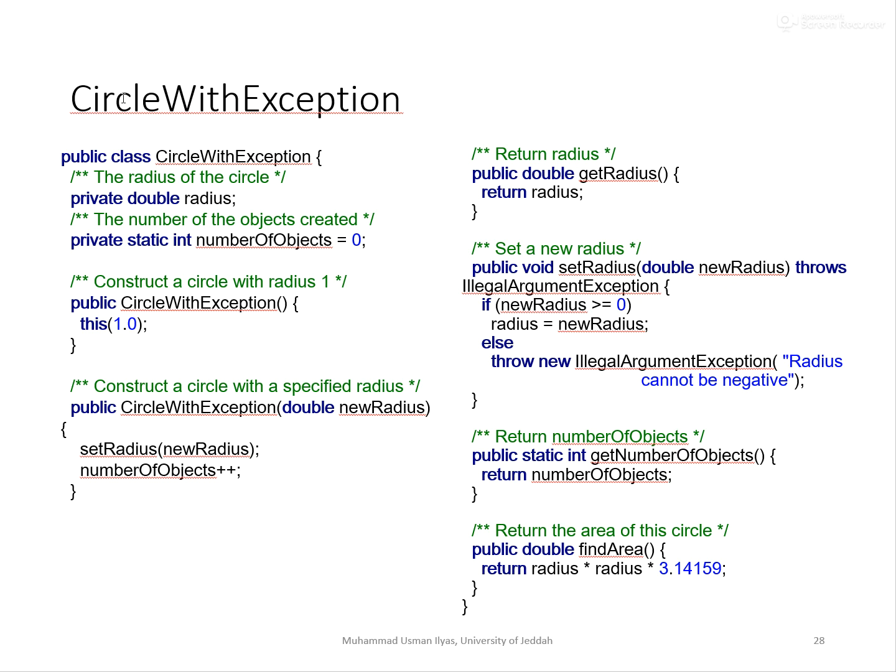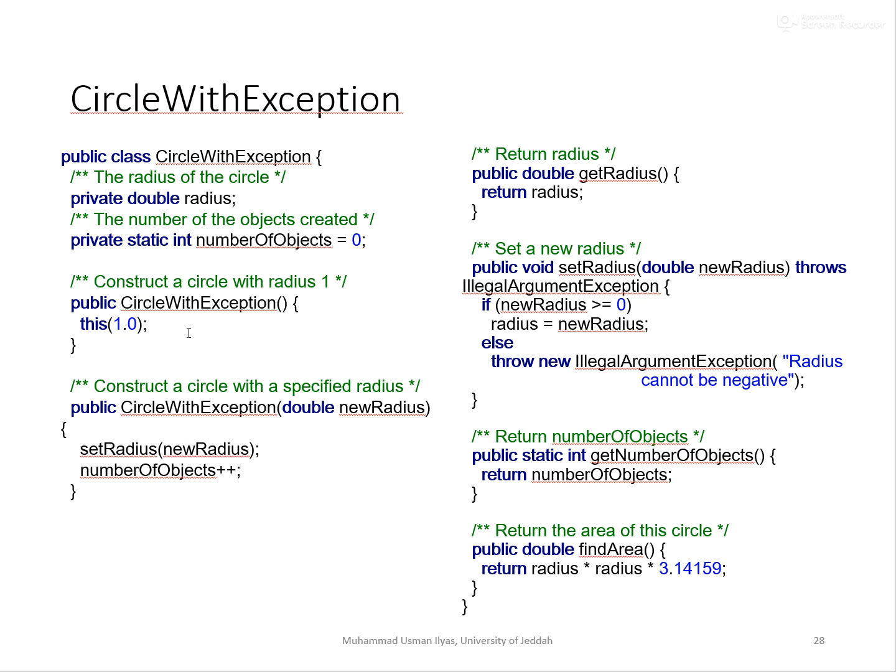CircleWithException over here has two member variables, radius, and a static variable of type integer called numberOfObjects, which is going to track the number of objects of this class that are going to be created or that are going to exist at any one time.